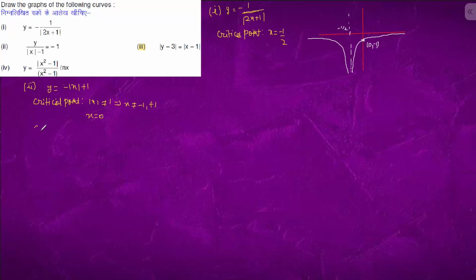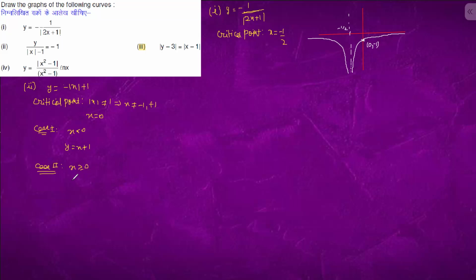So we'll start with case 1. X is less than 0. This equation will come out to y equals to x plus 1. And case 2, x is bigger than or equals to 0.